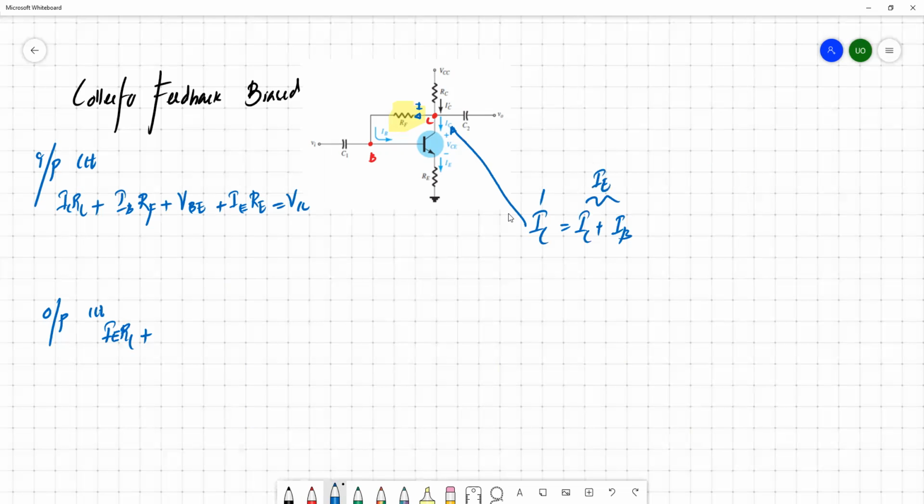So the current flowing through the RC resistor is basically equal to the emitter current. So then IE RC plus VCE plus IE RE equals VCC. Then simply you can identify that RF is there.